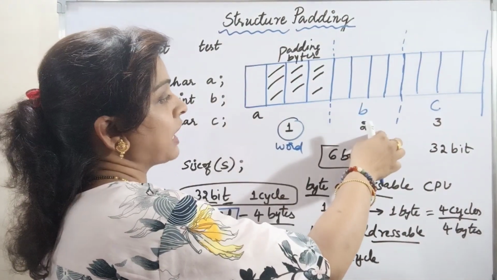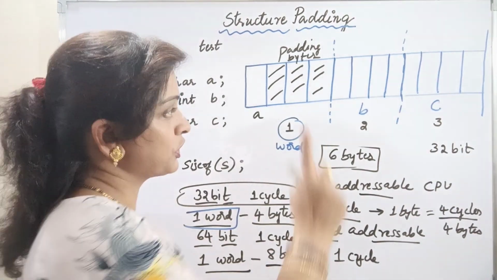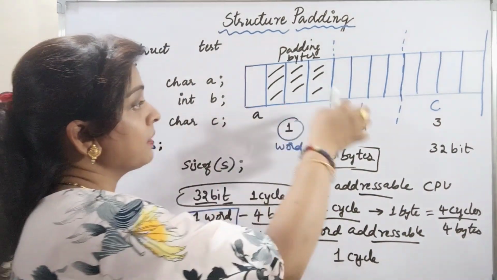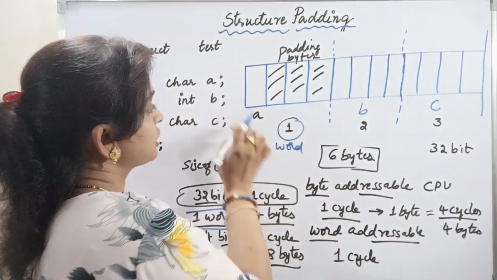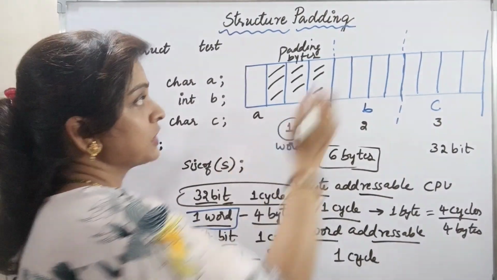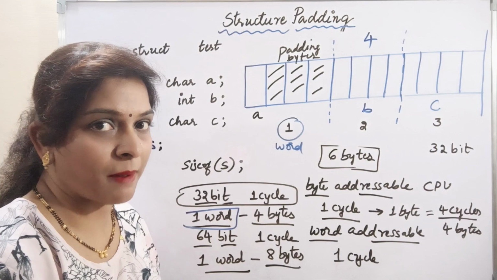Then, followed by that, we have an integer, which is as usual 4 bytes, so it is one word. Then again you have character C. So A, B, C. A is 1 byte, B is an integer, so 4 bytes, and there is no need to fill extra padding bytes.